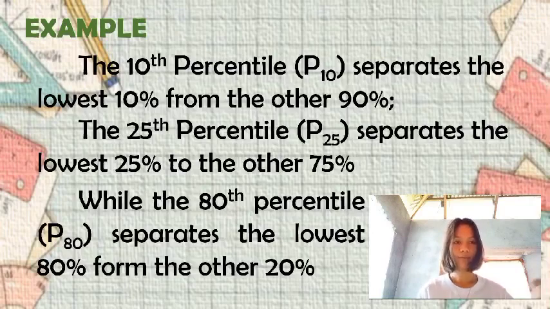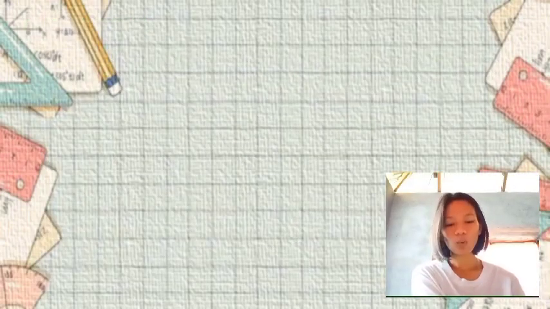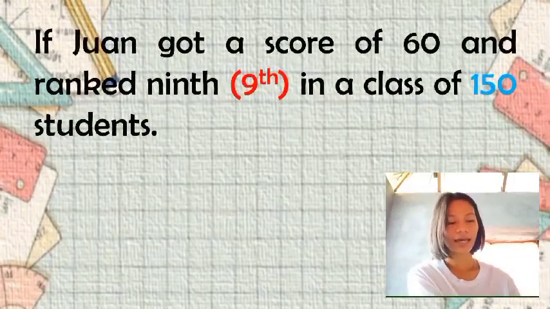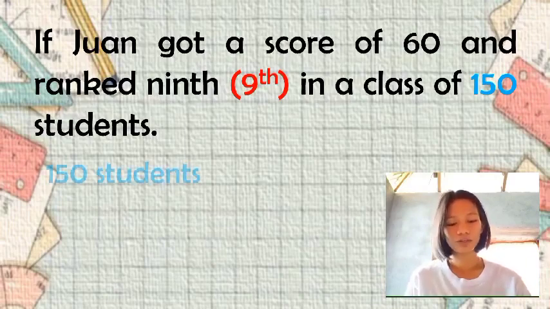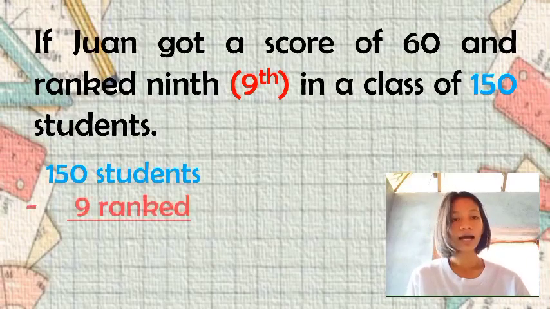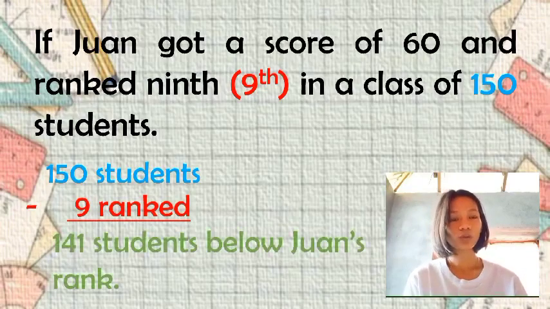So, mapapansin nyo, lahat sila equal sa 100%. Consider the situation. If Juan got a score of 60 and ranked 9th in a class of 150 students, it means that 150 students minus 9, kasi ika-9th si Juan sa class nila, is equal to 141 students.